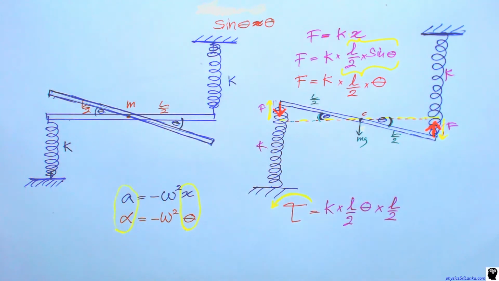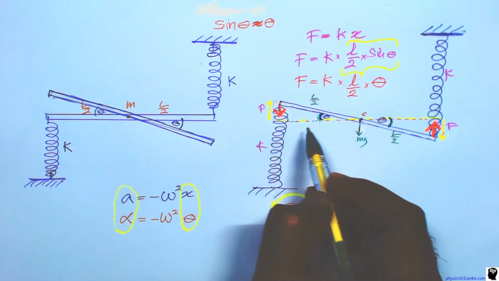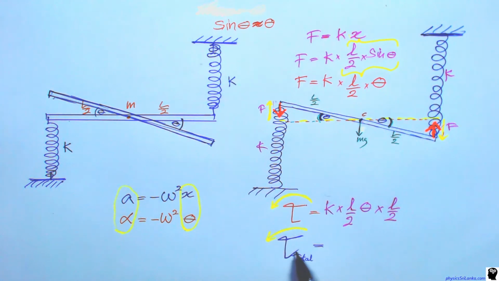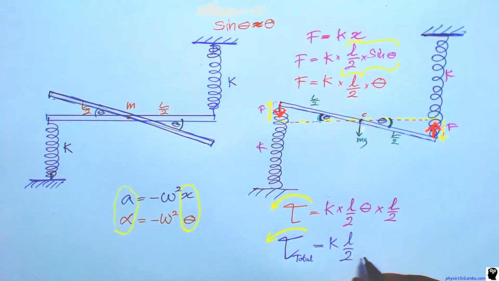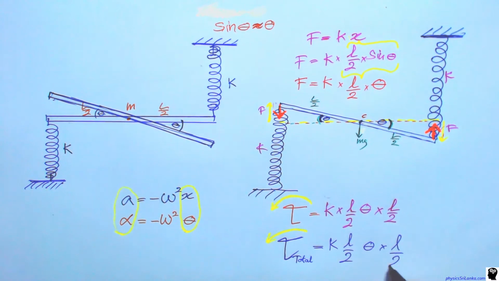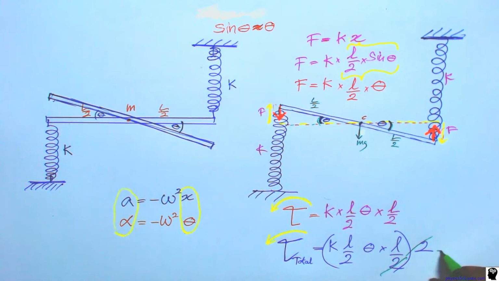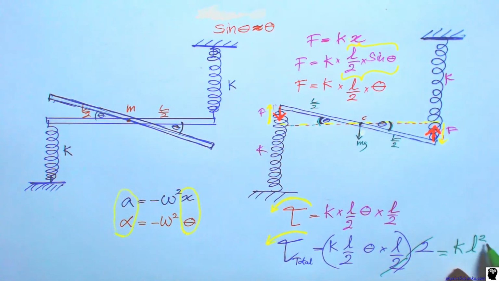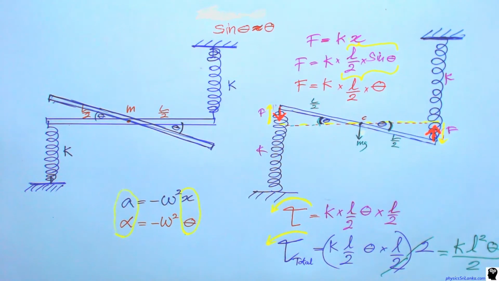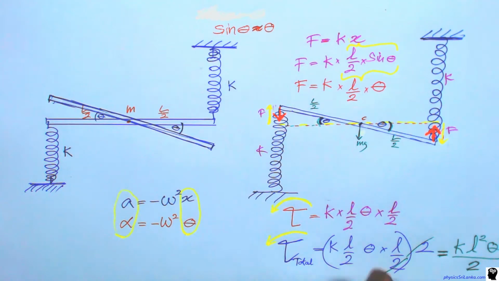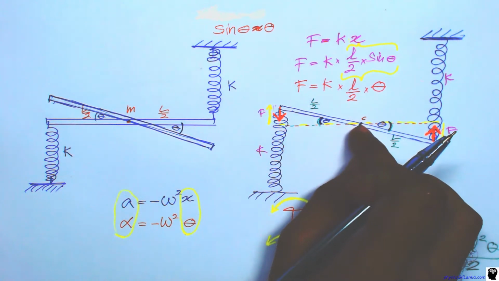It's also counterclockwise, because the extension is the same and the perpendicular length is also the same. So I just have twice this as the total torque: K L divided by 2 theta, L divided by 2, multiplied by 2. Cancel this 2 with the 2, equals K L squared theta divided by 2. As you know, this is the torque, and also this is the couple moment about the point C, which is the pivot point.